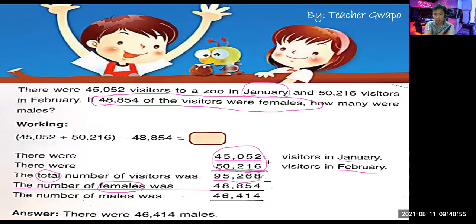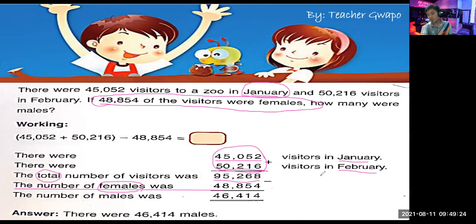So now the number of visitors in the zoo in the months of January and February are 95,268. Now out of 95,268, 48,000 were females. Okay, now the question here is how many were males? So you have to subtract. Okay, so this is the answer.